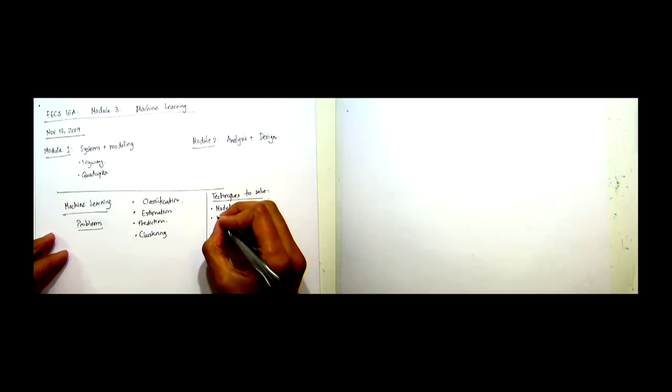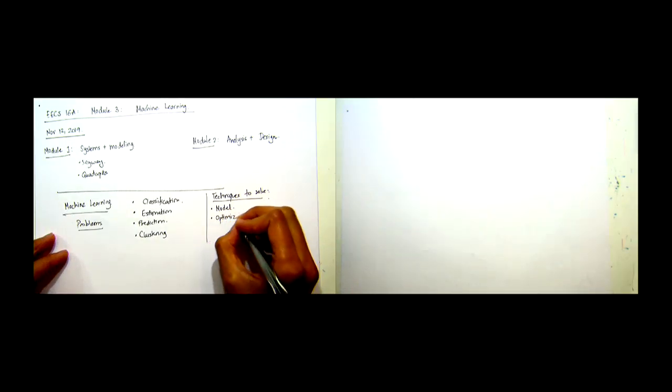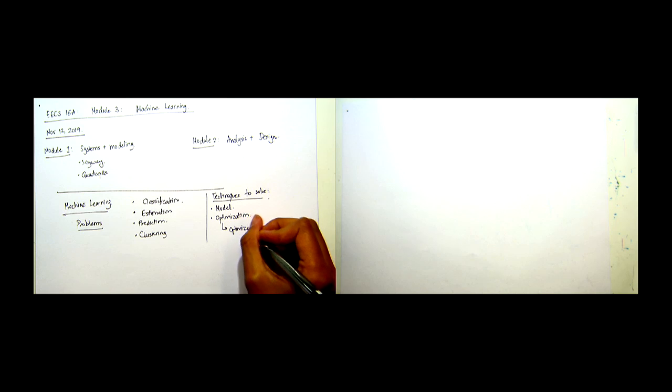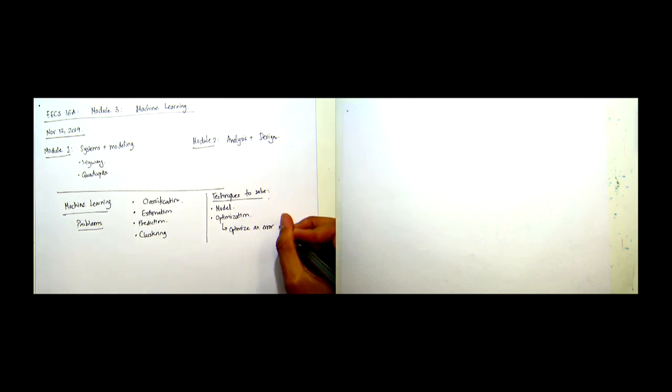And a second tool that we will use quite frequently is optimization. And optimization will come in conjunction with the modeling, where what we will be trying to do is optimize an error metric. So when you think about this problem, right, you see a bunch of pixels and you want an algorithm to predict whether these pixels represent a cat or a dog. Right? When you're talking to a human, when you're talking to your friend, you can discuss, well, I'm looking at this picture, is this a cat or is it a dog?